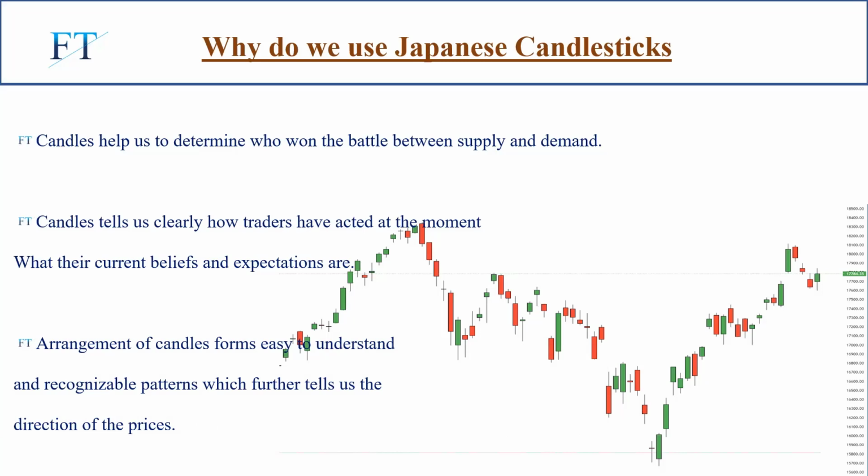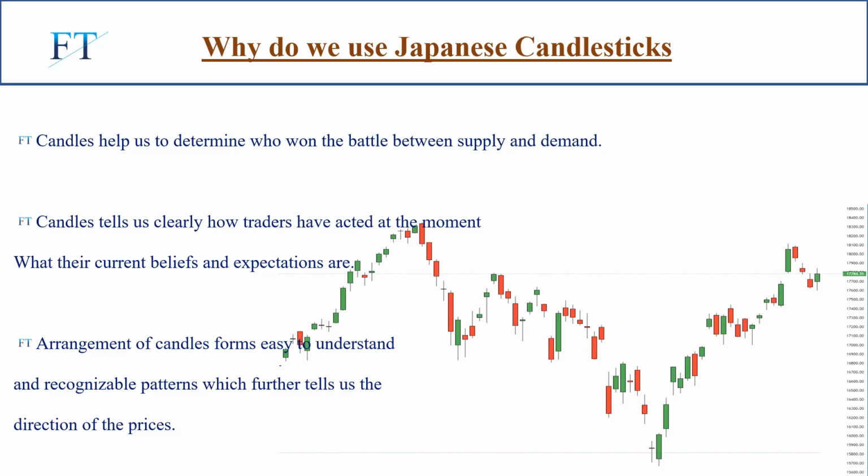Or if we have bearish wide range bars at the resistance, that tells us that actors are quite aggressive in shorting the market, because of the psychology prevailing at the moment in the market. It also tells us their current beliefs and expectations about where this market is going to be in the next 5 minutes, or the next 1 hour, or even the next few days, depending upon the time frame they are trading at.